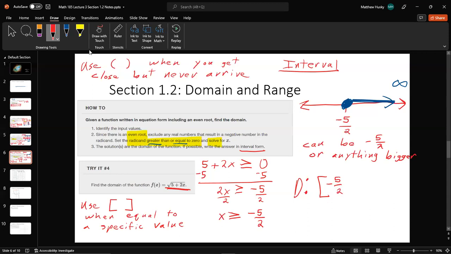We can start exactly at -5/2. That's where we will start, that value included. Then we put a comma, and we can go forever to the right, all the way to infinity. Infinity or negative infinity always gets a parenthesis no matter what, because they're never actually values you can reach. They're not a legit number. That is the domain. That is the interval that goes with that domain.